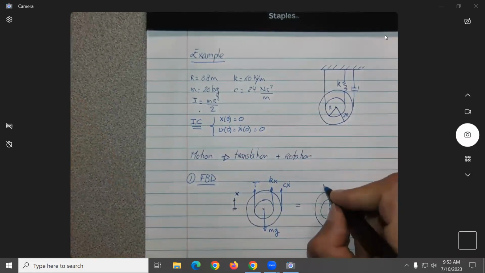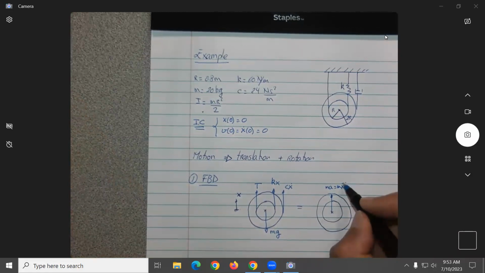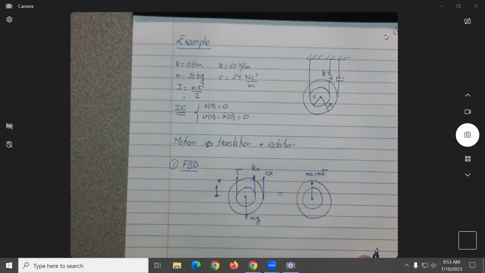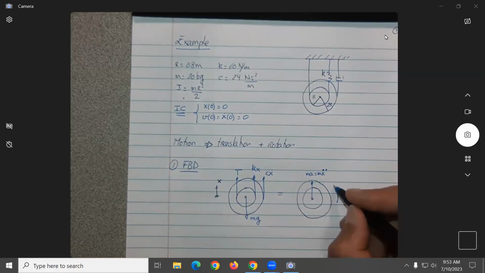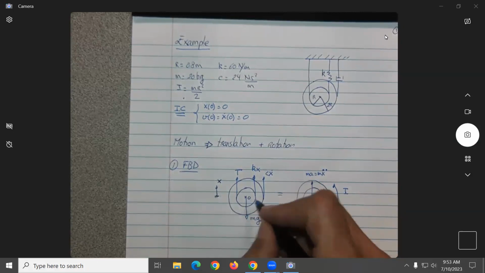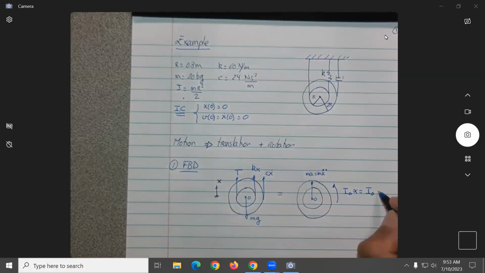Here we're going to have what? MA or M x double dot. Or what is the type of motion we can have? Let's say this is point O, I sub O alpha, which would be I sub O theta double dot.